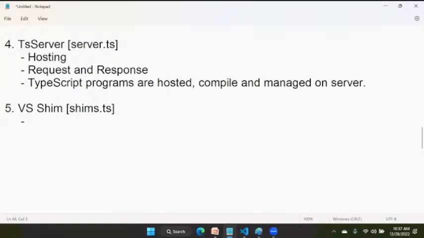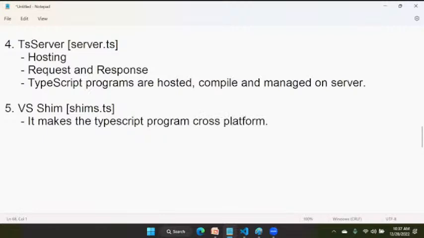It makes TypeScript programs cross platform. That means they can run on every operating system because of this shim.